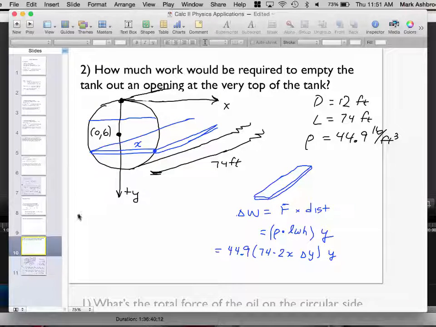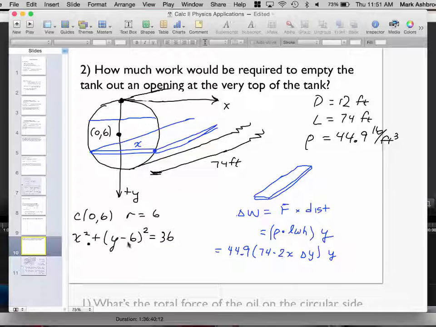And so the equation of the circle, center 0, 6, radius 6, will be x minus 0 squared plus y minus 6 squared equals 36. And again, we need 2x, and so we're going to solve this for x.